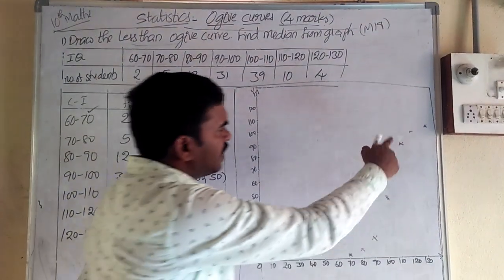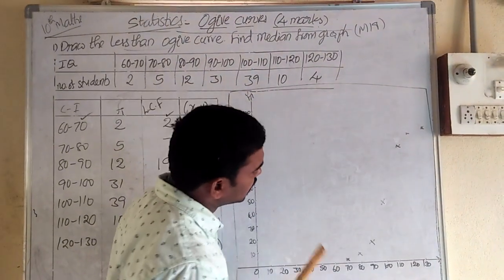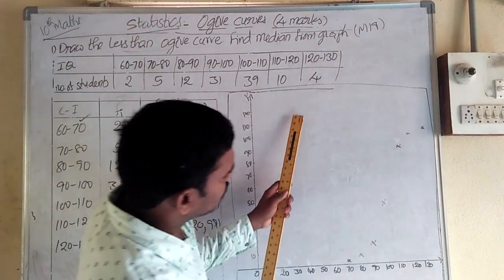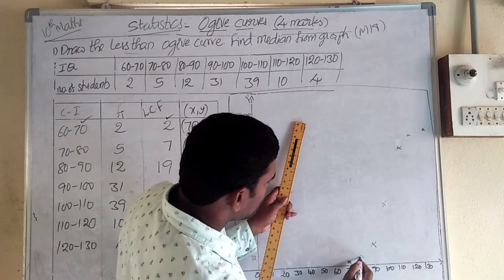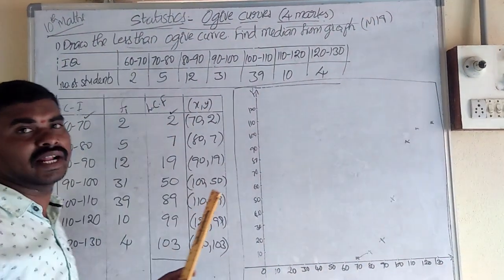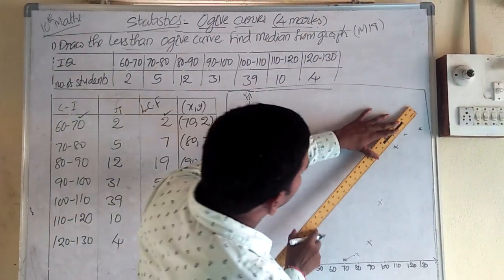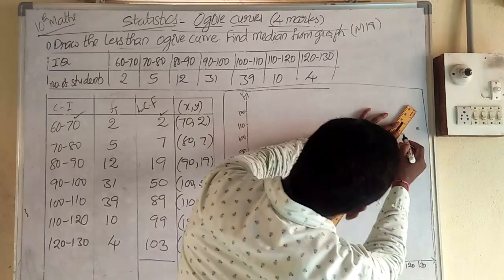So these are the points. Now we have to join all the points. How can we join? By hand we can join, but the question is asking for the median also. To get an exact answer, use a scale. Join the points using a scale.